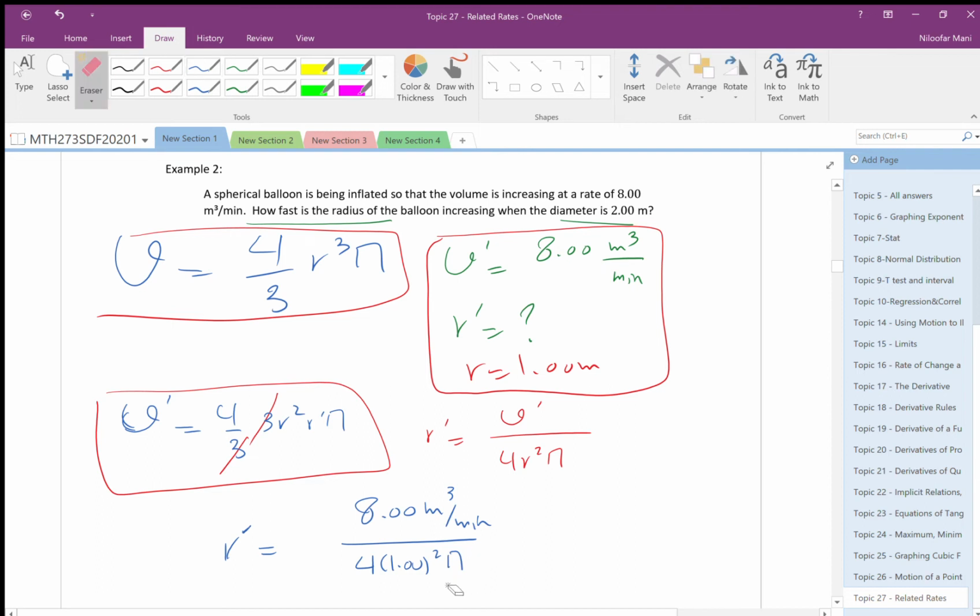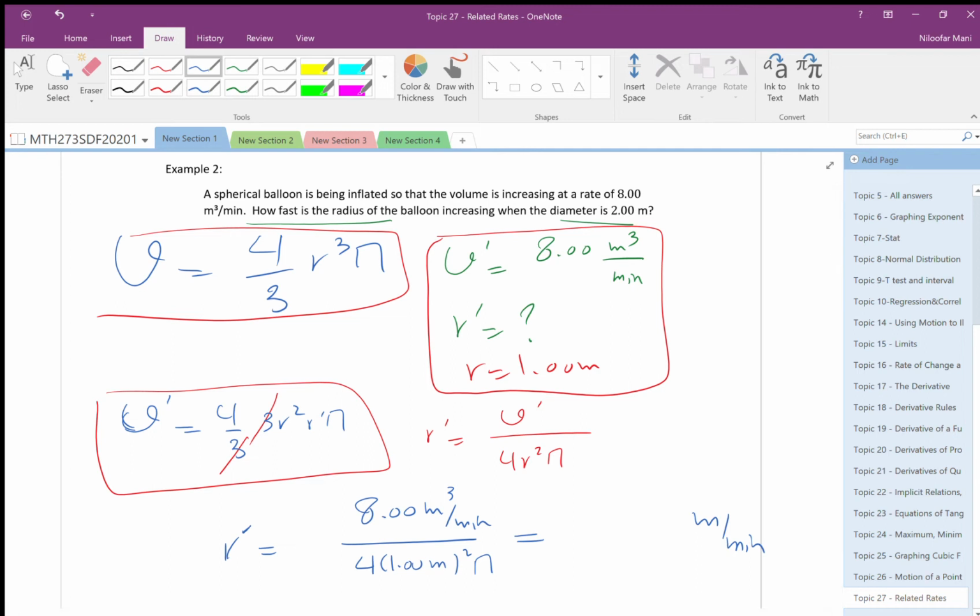Here you have meter inside, so this is meter squared pi. That's why the unit is meter over minute, because meter squared and meter squared will be cancelled. That's why you have just meter per minute. I'm not doing magic, so it will be there when I cancel and simplify.